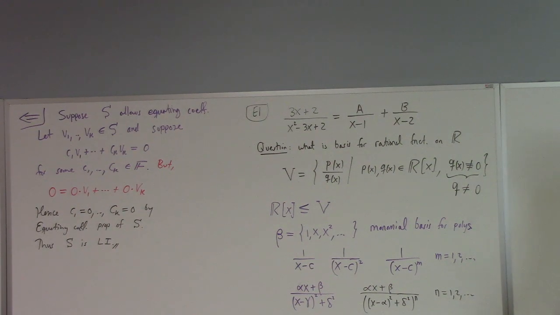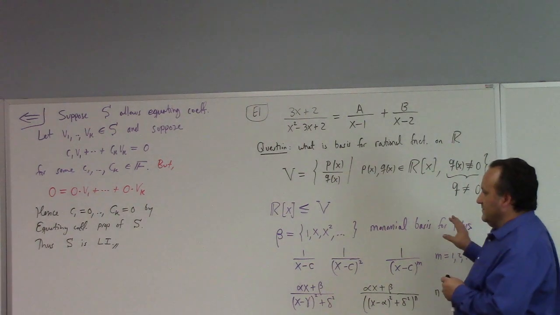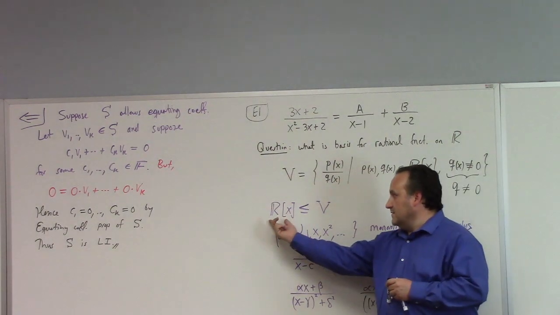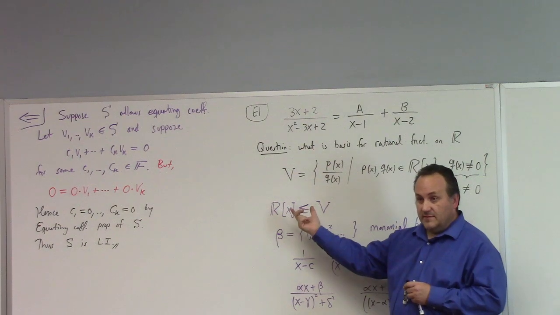You could make it even just one general term by saying something where A and B are in the complex numbers in general, and then to a power of an integer, whether positive or negative. Ah, you're absolutely right. I like your idea, but let me trade your idea for a different context, which is if I was looking at rational functions of a complex variable, then you're absolutely right.